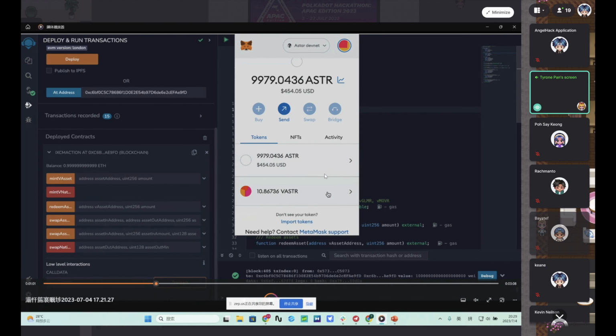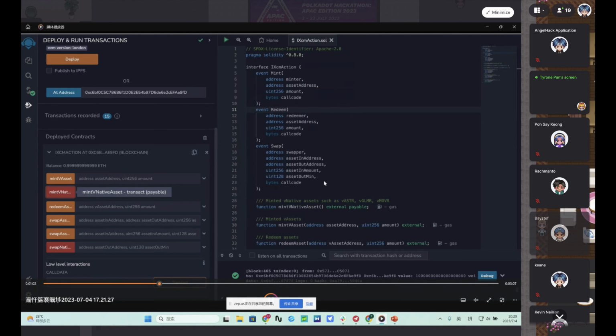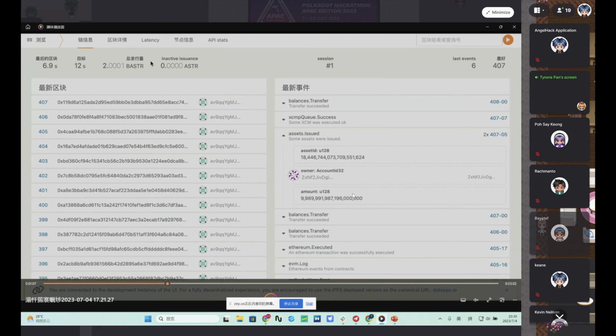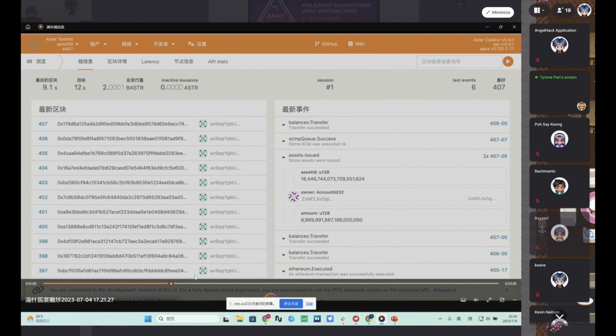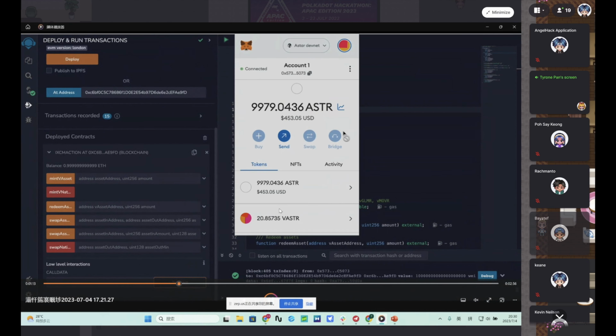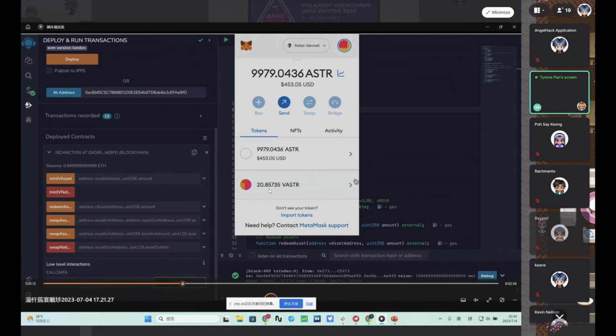There's a delay in MetaMask, so wait for a second. All right, we can see the 9.9 added to our original balance.